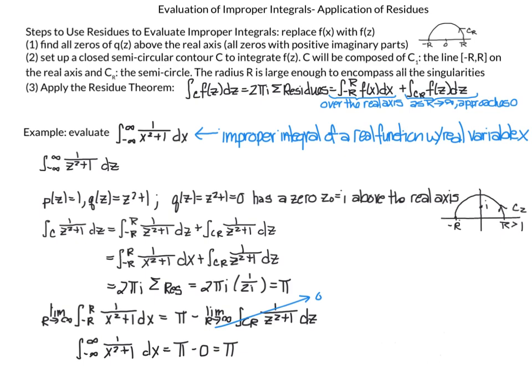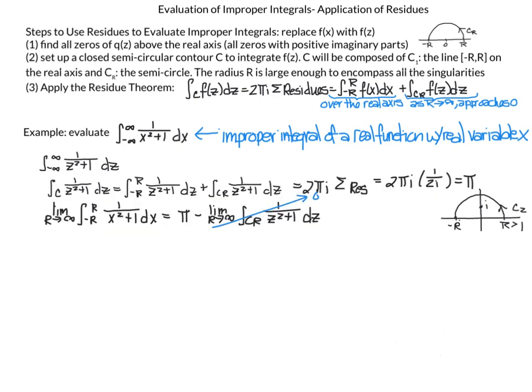And now I need to come back to this over here, where I claimed that the integral over the upper half circle, as r approaches infinity, will approach 0. So I'm going to clear some of this out, and I'll move this up so that I have some space. Here I have some of the key steps.